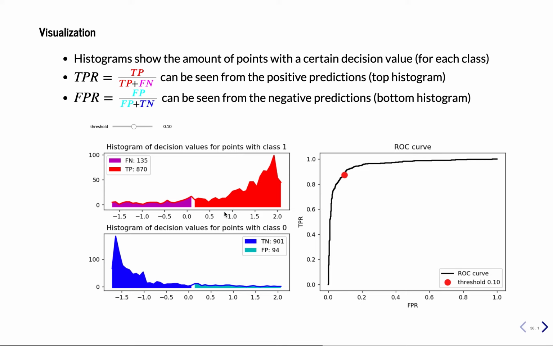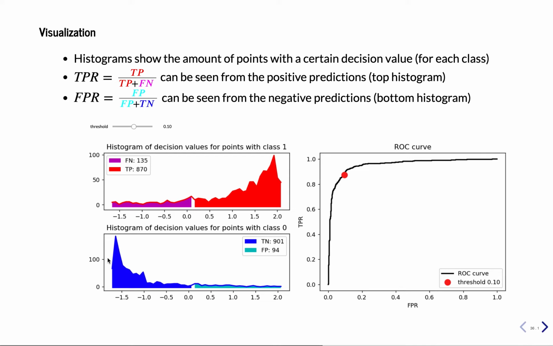That's what the model predicts for each point. So ideally, if you have a good model, all your positive points will be here, so your model should predict them as positive. In reality, this model does indeed do a good job. Many points that are positive are predicted as positive, so they are true positives, but also some positive points are predicted as negative because they fall below the threshold here. These are the false negatives.